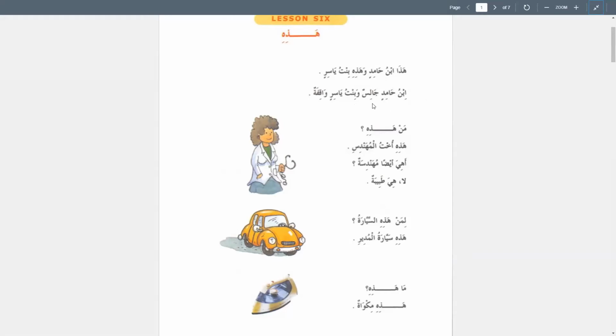Okay, jalisun means sitting. So the son of Hamid is sitting. Wa bintu Yasirin waqifa. While the daughter of Yasser is, I guess, standing. Very good. Yeah, they always give opposites. So jalisun, sitting. Waqifa is standing.